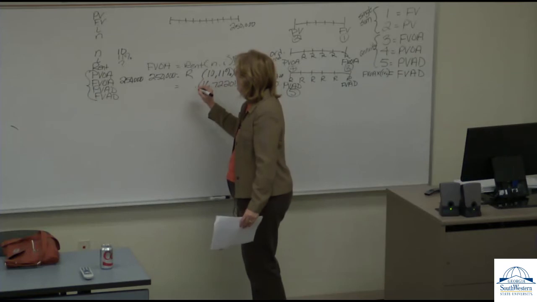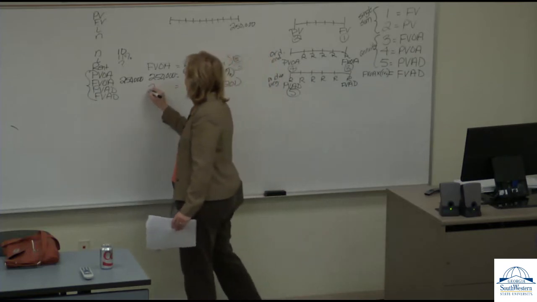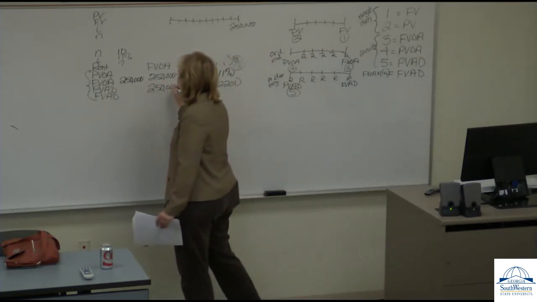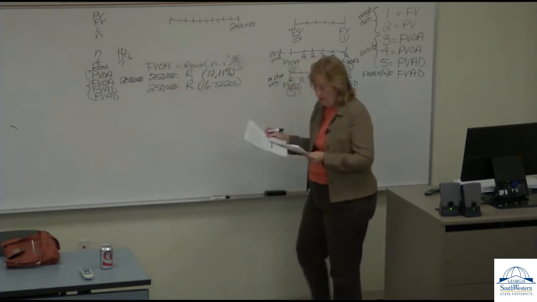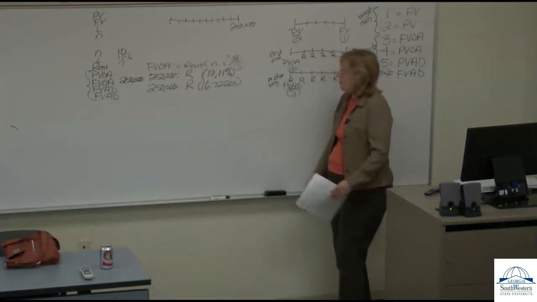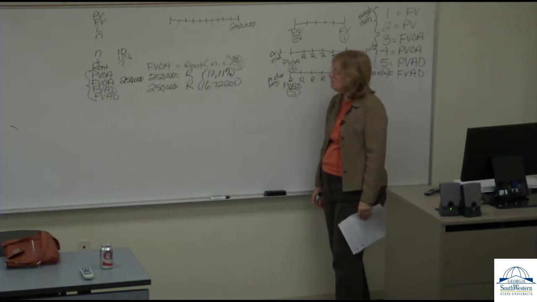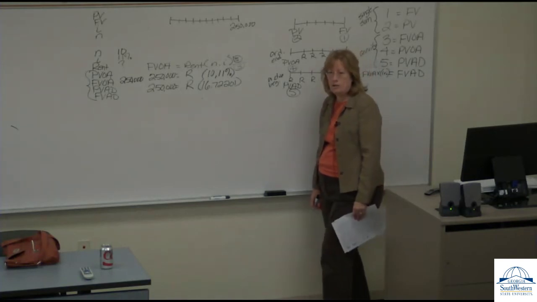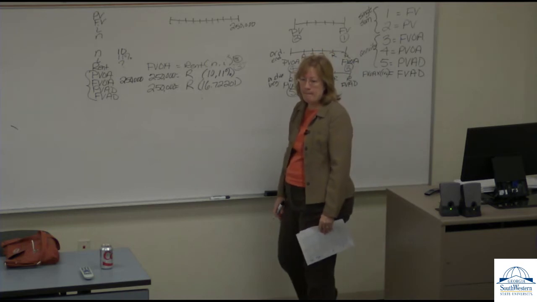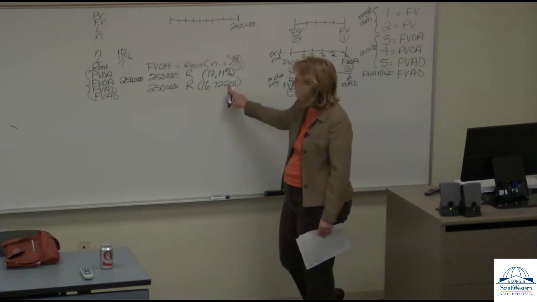72201 times our R equals 250,000. Okay, so now what do we do? I would say divide the 16.2201 on the future base.